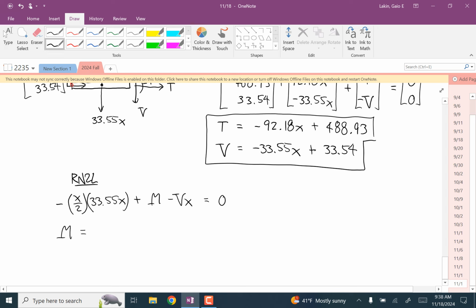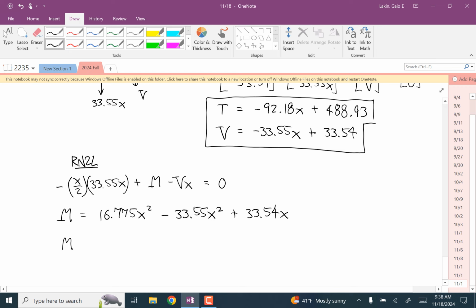So m is equal to 16.775x squared minus 33.55x squared plus 33.54x.